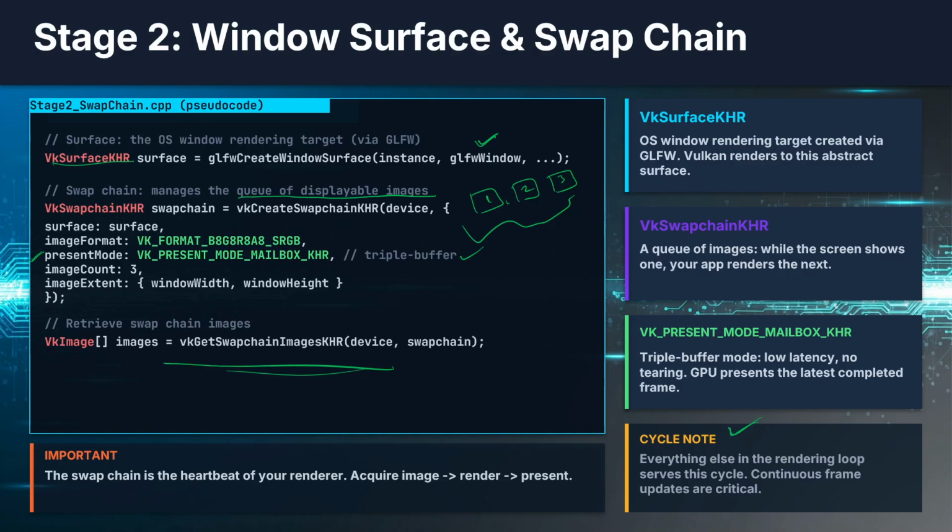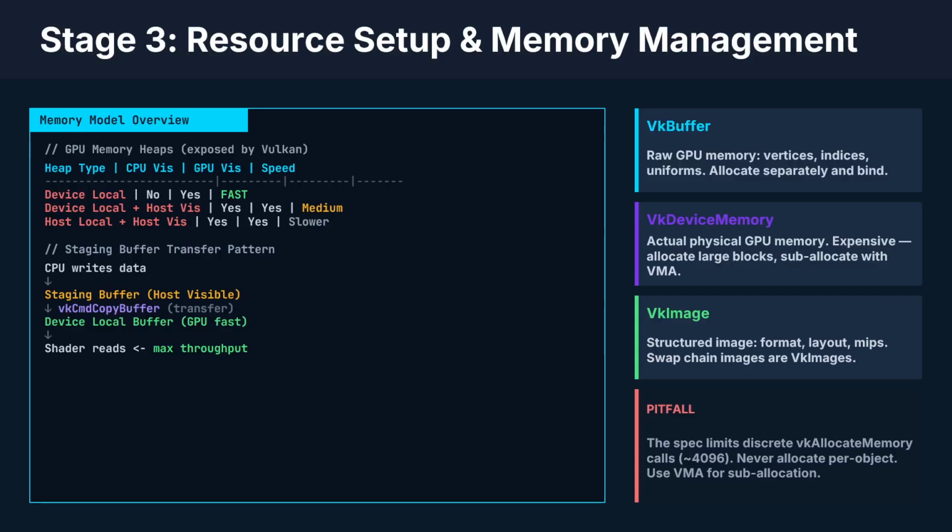So anytime I use swap chain images, don't get confused. These are just a queue of displayable images that we are getting from a particular window, okay, and these windows are operating system specific.